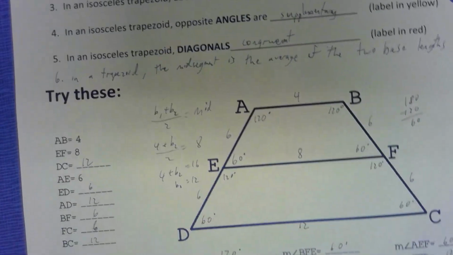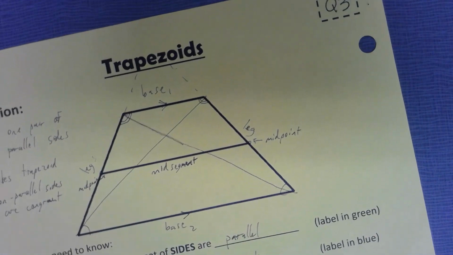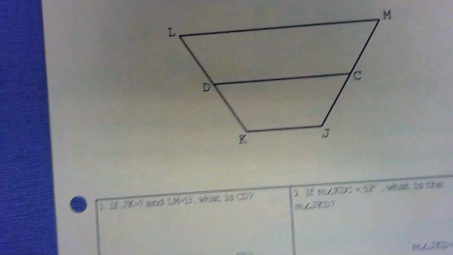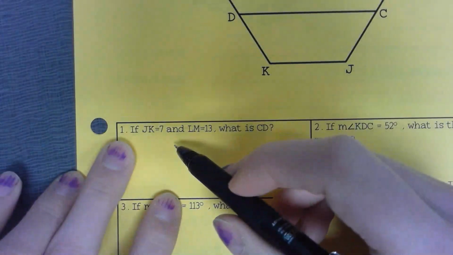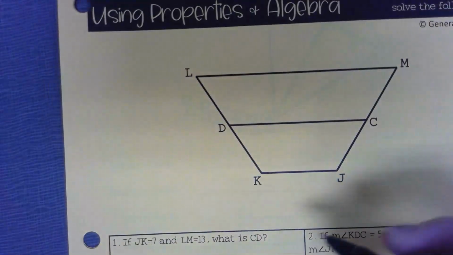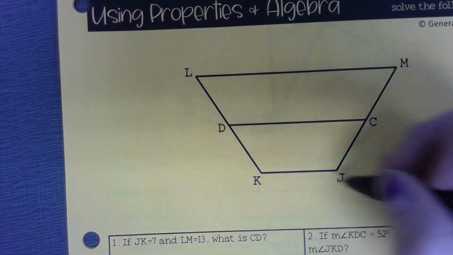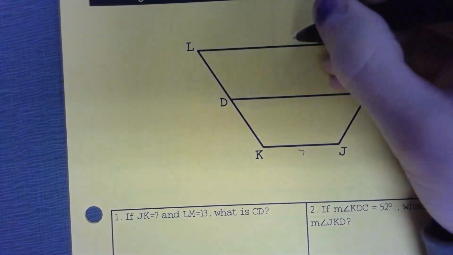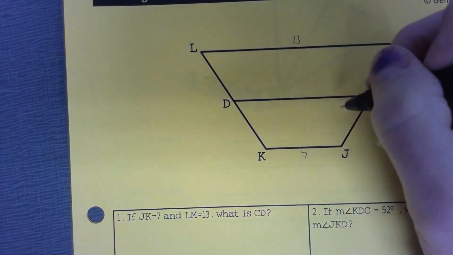Okay. Let's see a couple other examples. So using this as an example, if JK is 7 and LM is 13, so JK is this one here, is 7, and LM is 13, what is CD, the mid-segment?